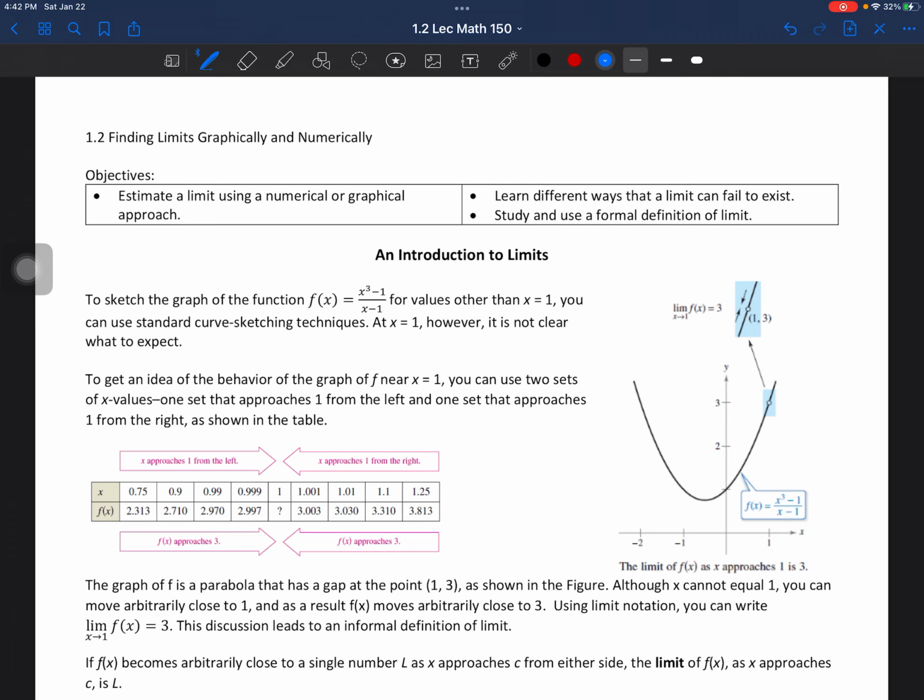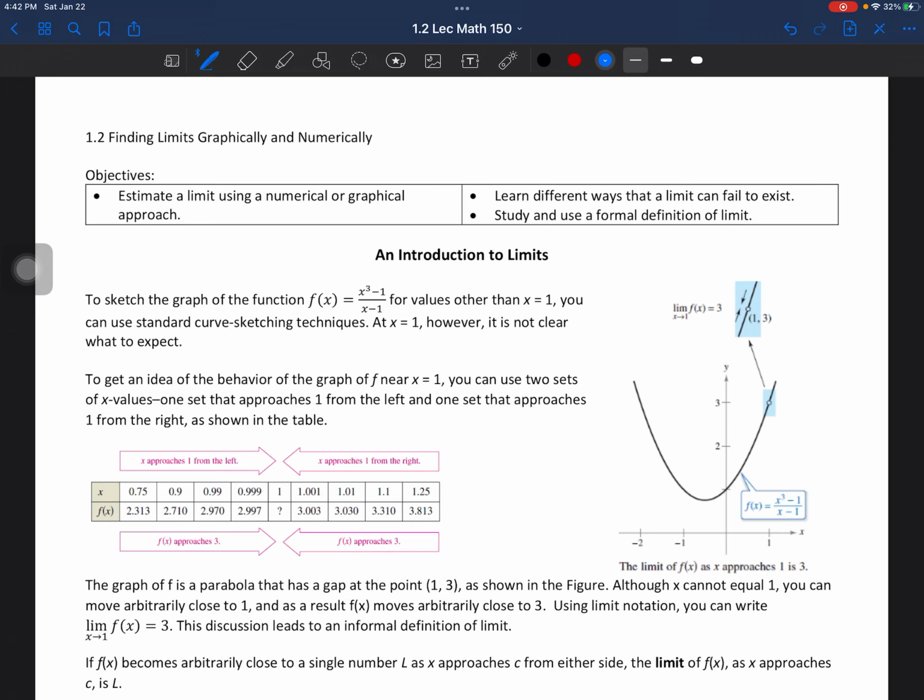The objective is to estimate a limit using the numerical method or the graphical approach. Then we're going to discuss different ways that a limit can fail to exist, and study the use of a formal definition of a limit.